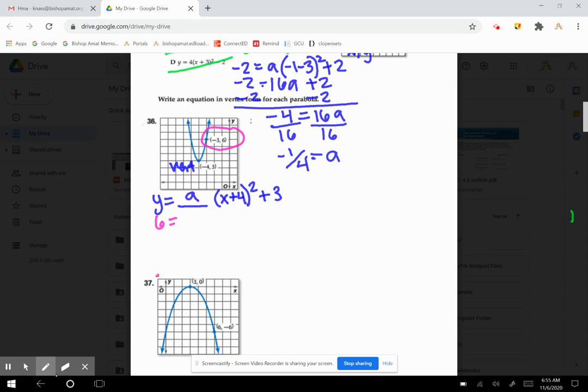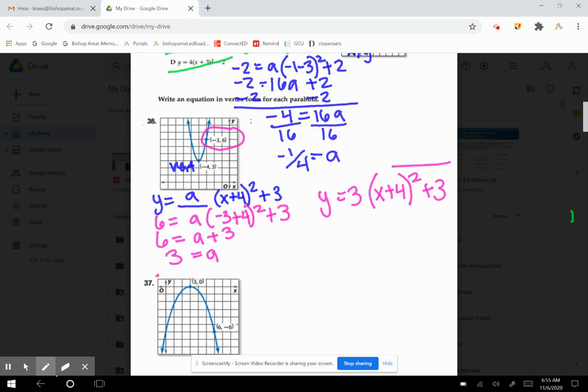So 6 equals a times negative 3 plus 4 squared plus 3. So this gets you 6 equals, negative 3 plus 4 is 1, 1 squared is 1, so it's a plus 3. A is equal to 3. So now let's finish off our equation. Y equals 3(x plus 4) squared plus 3. That's my equation.